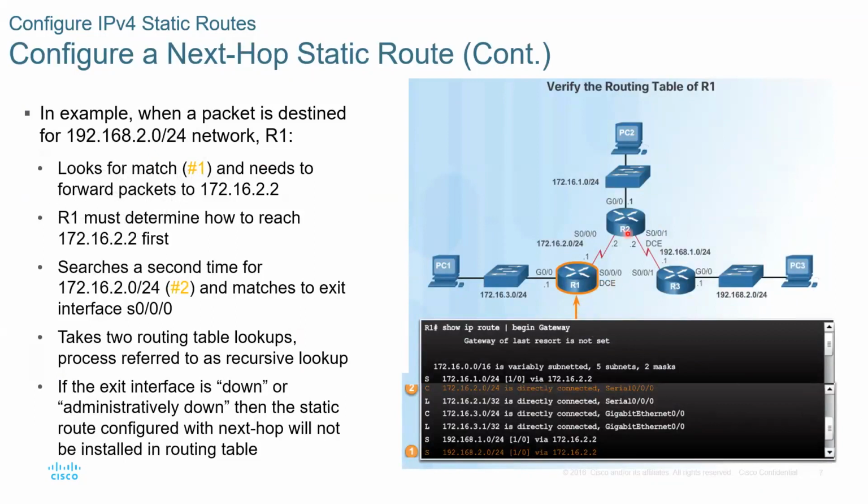The second lookup is to find what IP address and what exit interface 172.16.2.1 belongs to. So when you use a next hop address, it causes 2 lookups, called a recursive lookup. And if the exit interface is down or administratively down, the static route will not be installed in the routing table.